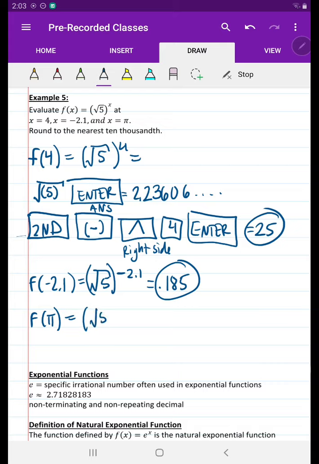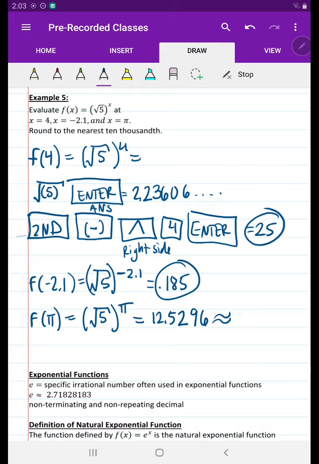Okay, and then the last piece, x is pi, so we'll do f of pi, which is going to be the square root of 5 raised to pi. So I punch in pi, and then I do my caret or my exponent button on the right side of the calculator, and then for pi, you can press second and then your exponent button, which has pi on top of it, and that'll give you 12.5296.